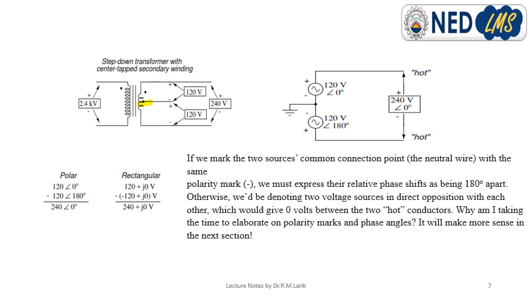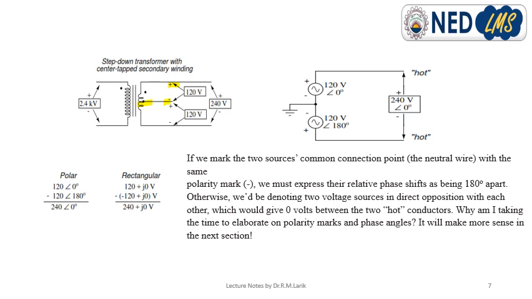This one is a representation in polar form, and this one is a representation in rectangular form. In rectangular form we have a real part and an imaginary part. In polar form we have a magnitude and a phase angle. Just note that the second phase is 180 degrees apart because of the polarities.